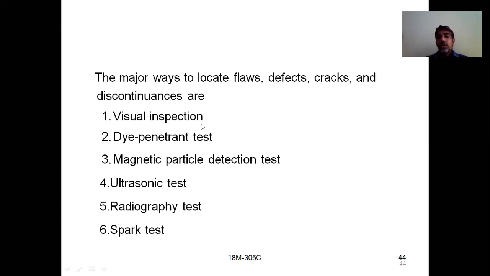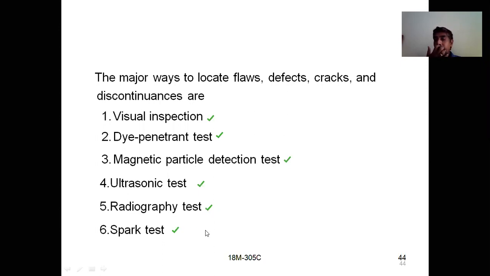We do not have explanations of these methods in our syllabus as per the C18 curriculum, but we should be able to list out the methods. Once again, we will repeat: visual inspection, liquid dye penetrant test, magnetic particle detection test, ultrasonic test, radiography test, and spark test. With these we find the defects in the components.